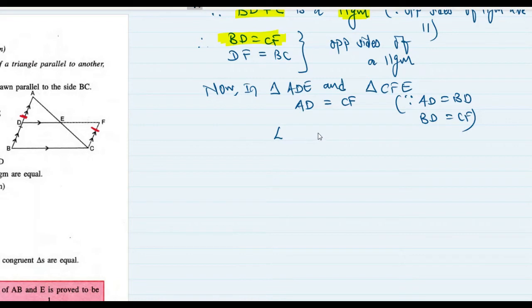आगे बढ़ते हुए, एंगल DAE is equal to angle FCE.